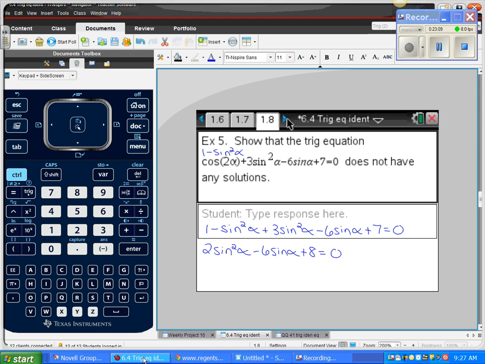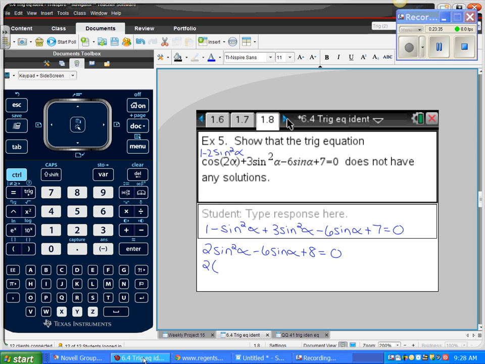What can I do? How can I factor to start? You always look for a GCF to start. Do I have one? What divides into 2 sine squared alpha, 6 sine alpha, and 8? 2. Pull out a 2. Yep. Oh, thank you for catching me.